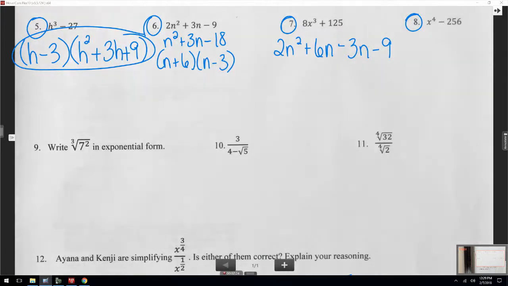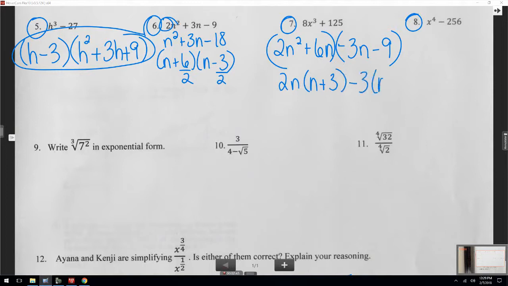This is bust them up. This is the slide divide. If you're doing bust them up, then you got to do grouping from there. If you're doing the slide divide, you can't stop here. You have to divide by that number you slid, which was 2, right? If you're doing bust them up, that'd be 2n and n plus 3 and negative 3.